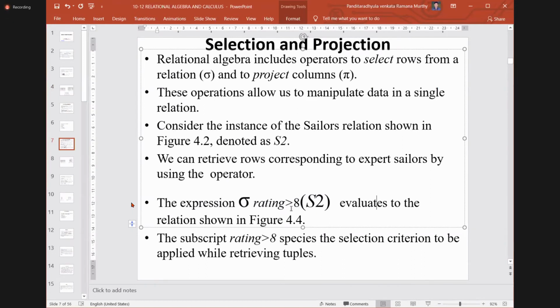This is the way we identify it. The subscript, rating greater than 8, specifies the selection criteria to be applied when retrieving the rows or tuples. Clear?